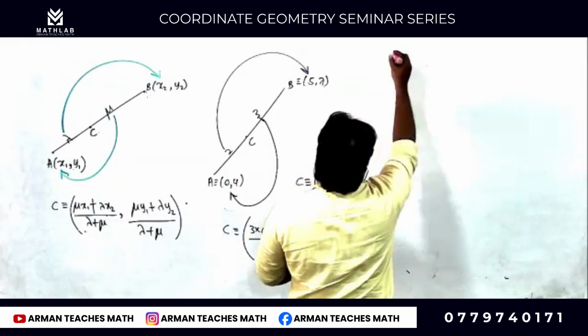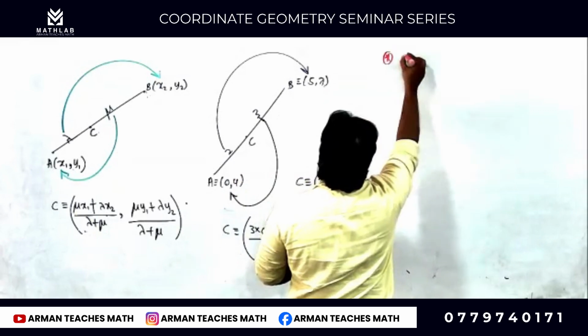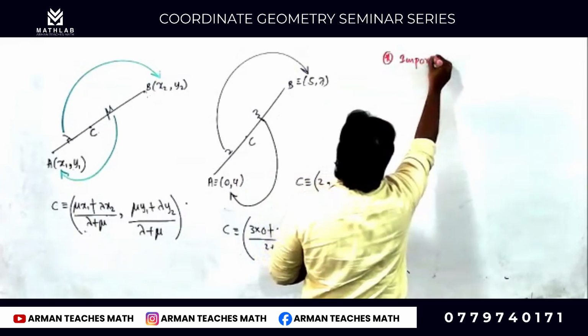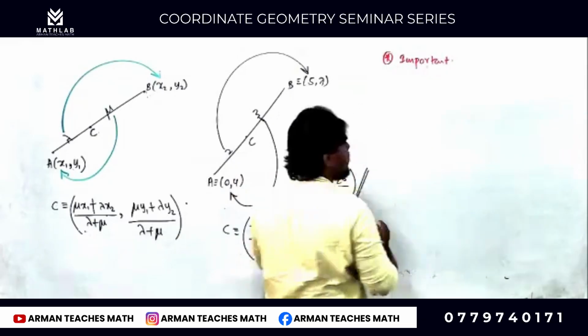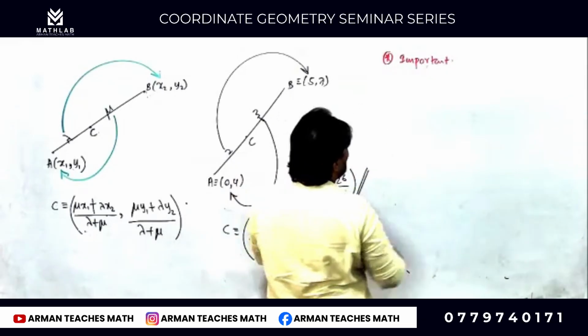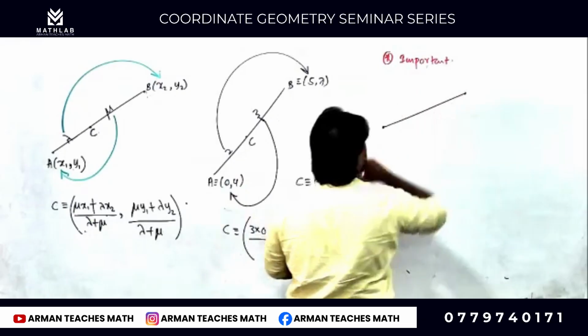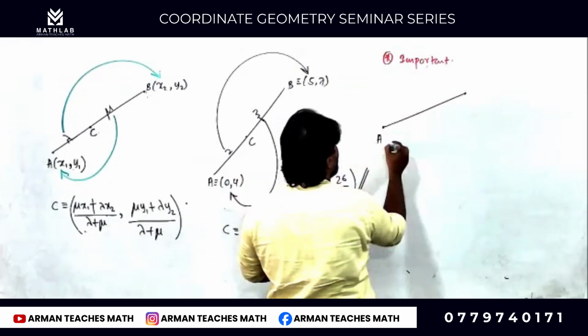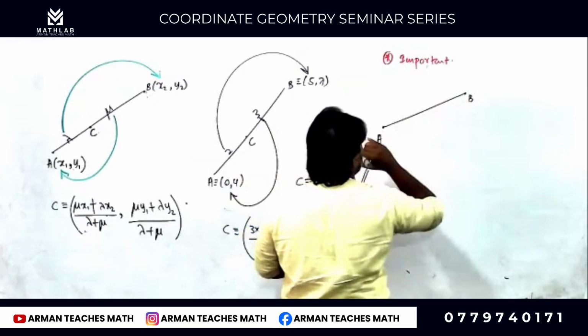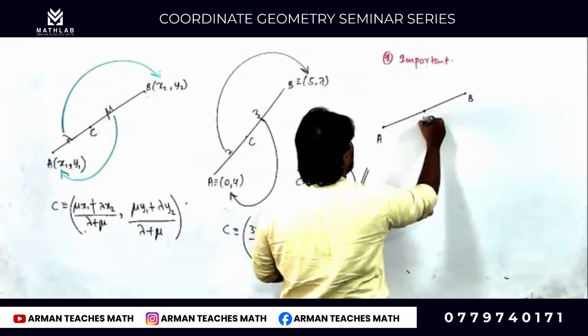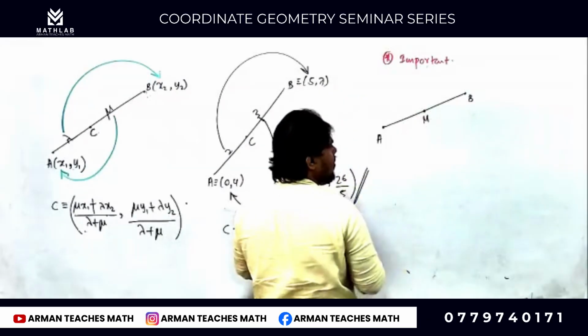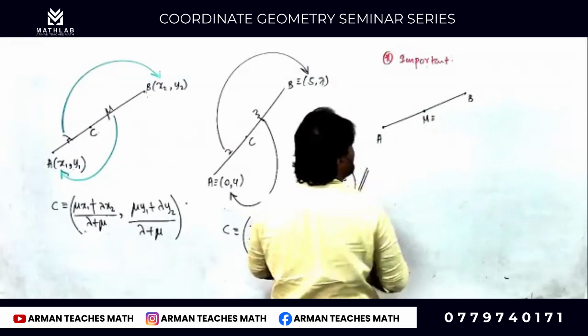Before we move to the next theory, under the second theory, something important we have to discuss. Listen, if a straight line segment is divided in other ratios, we know how to find the point. But if we have a point which is the midpoint of the line, how do we find its coordinates?